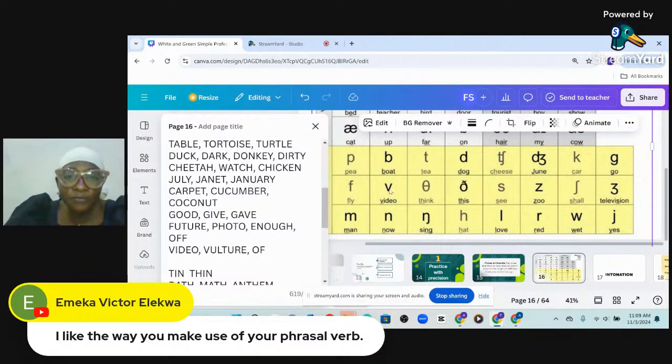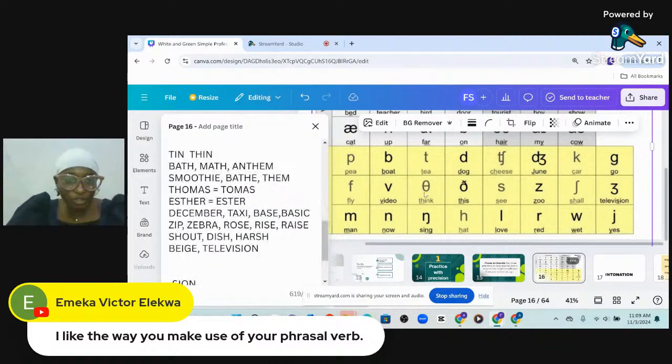The second sound, v: video, voucher, of. The third sound, the voiceless th: bath, stick out your tongue, math, anthem. The next sound, the voiced th: smoothie, bathe, them.